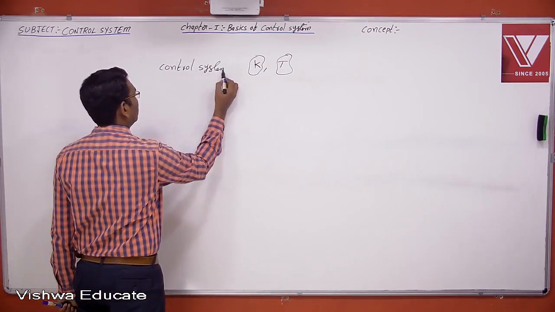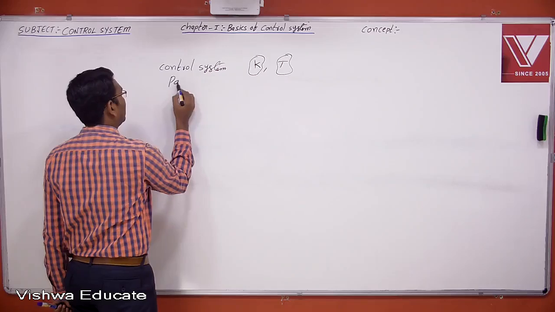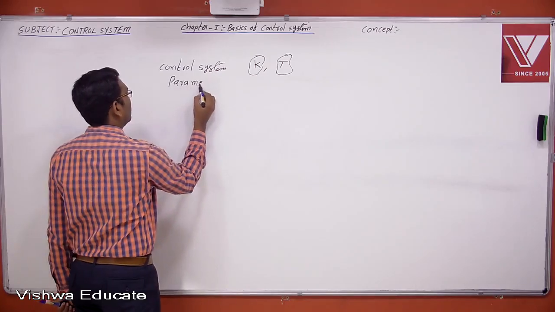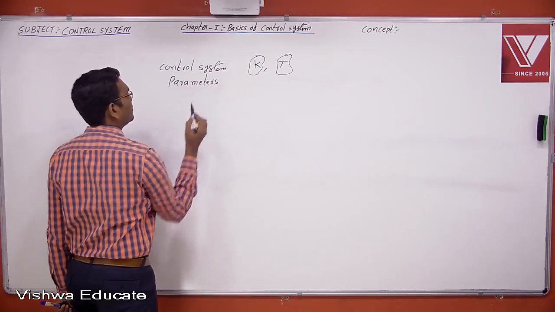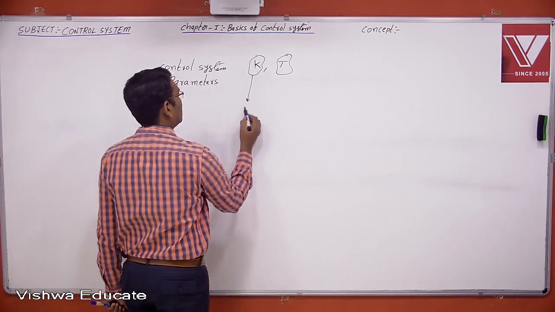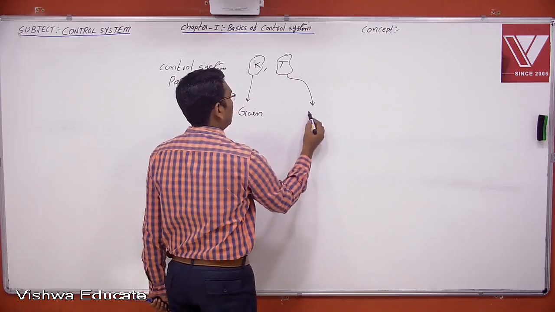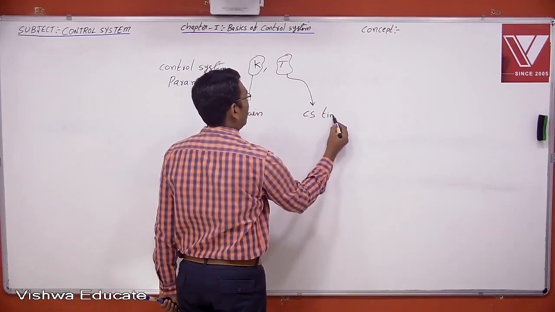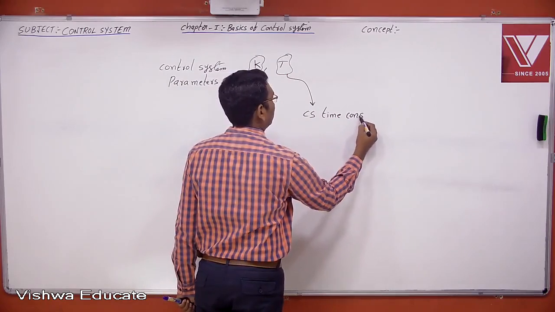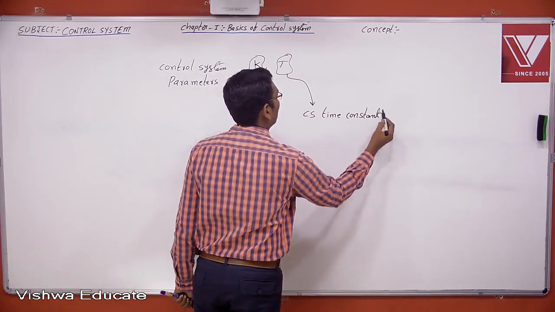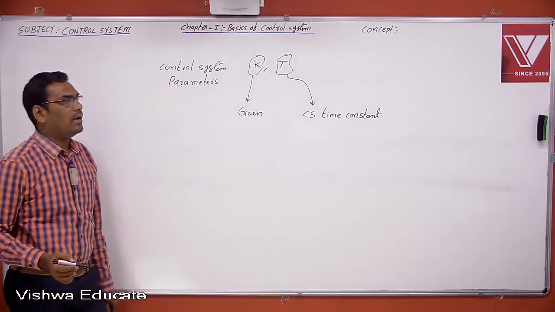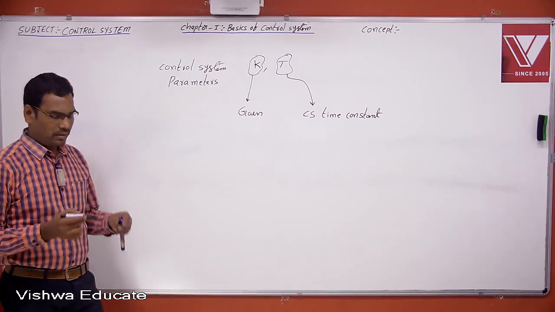The control system parameters are nothing but this is the control system gain, and this is the control system time constant. Control system gain and control system time constant.